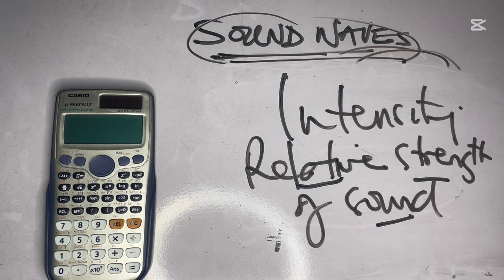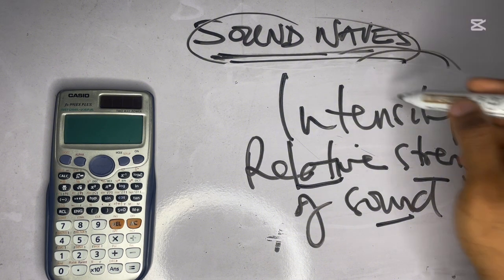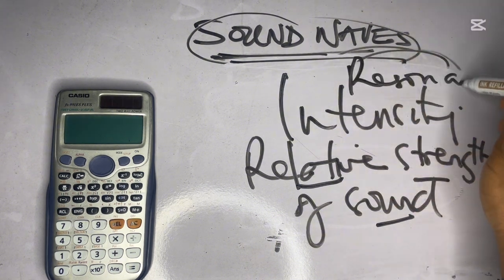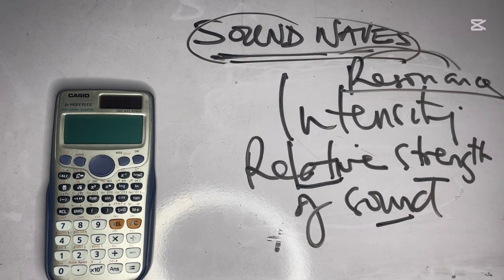And we have many. We also have one we call resonance. Resonance is a phenomenon whereby an object is driven or forced at a frequency equal to its own natural frequency, and therefore resulting in maximum amplitude of vibration. That one is too much English. Basically, what it is trying to say is that when an object is driven at a frequency that is the same as its own natural frequency, it leads to vibration.